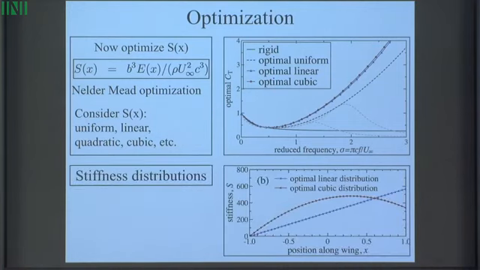So what are the corresponding stiffness distributions? These are what they are. This is stiffness along the wing, where this is the leading edge, and this is the trailing edge. And I'm showing you the optimal linear and optimal cubic distributions. And you can see some similarities.